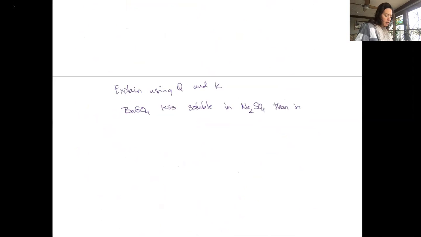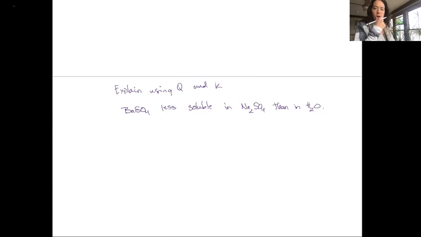It said explain using Q and K. Okay, and we need to explain why barium sulfate is less soluble in sodium sulfate than in water. So I need you to do that. All right, what are we going to say?